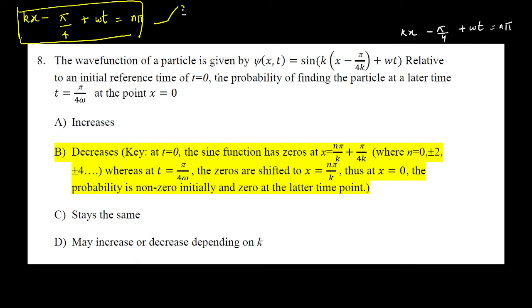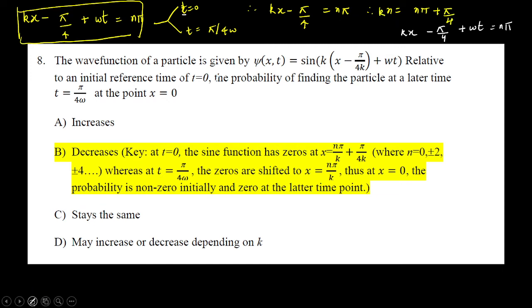When time equals 0, kx minus pi by 4 plus 0 equals n pi, so kx equals n pi plus pi by 4.